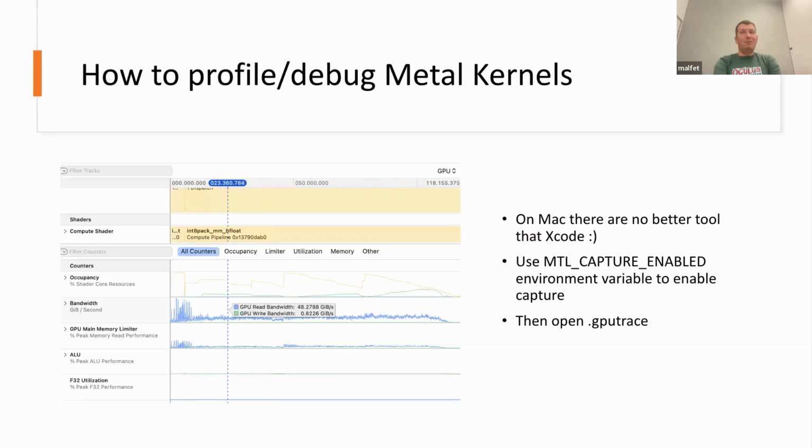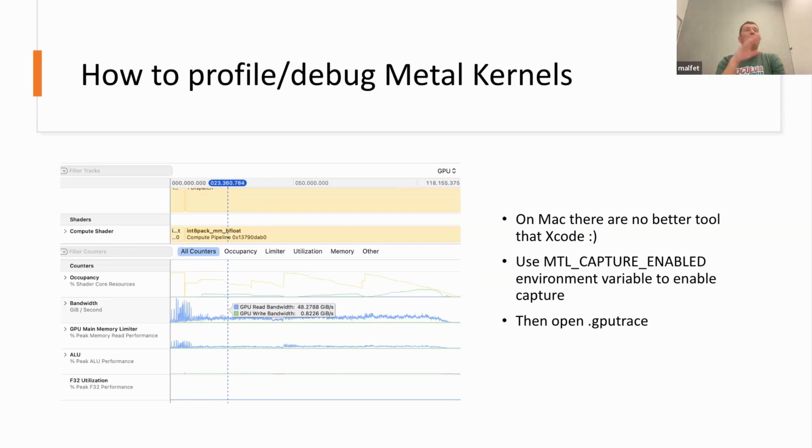So how to profile and debug Metal kernels. Unfortunately, or fortunately, on Mac there are no better tools than Xcode, and that's the only tool that you have. To capture the kernel behavior, you can use the MTL capture enabled environment variable, which switches the GPU into capture mode.